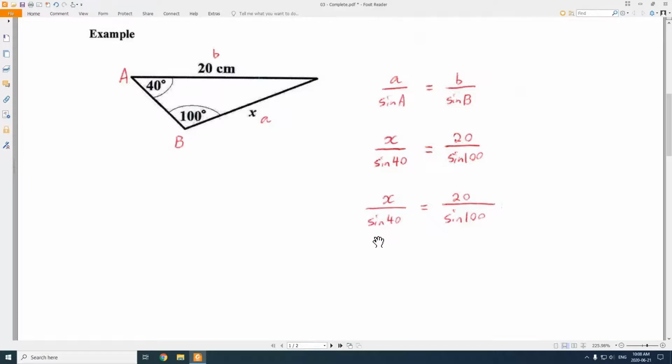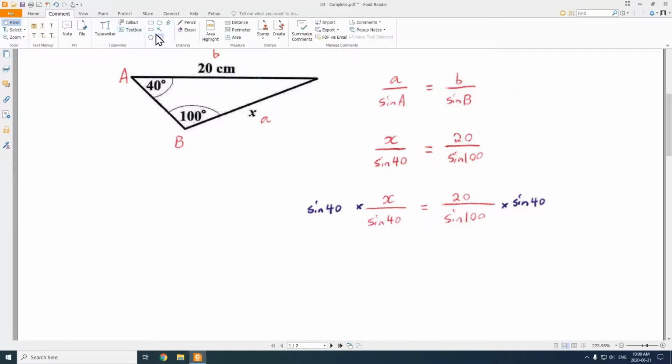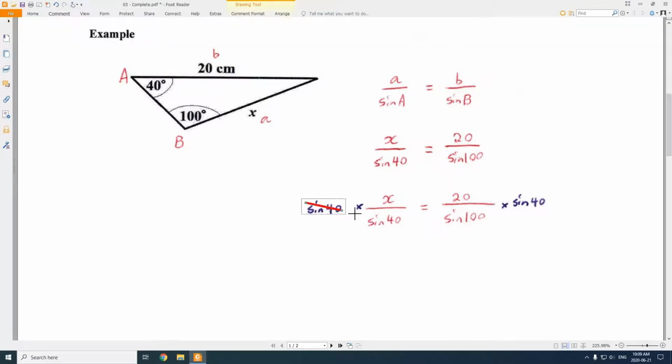Okay, opposite operations. Sine 40 is dividing, so to move it, we will multiply by sine 40 on both sides. That cancels it out over here. That leaves me with x equals 20 over sine 100 times sine 40.